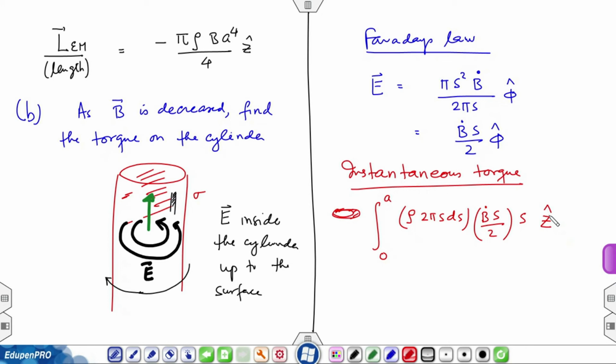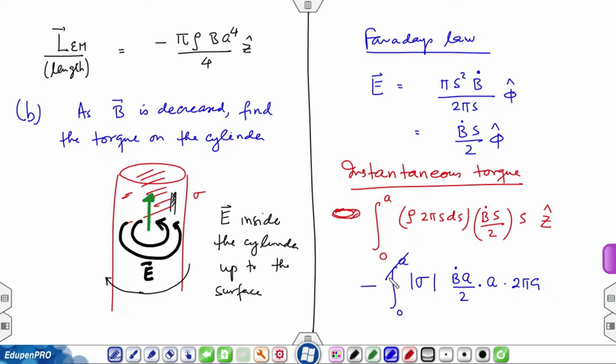And on the shell, I will have minus, the force will be the other way. I can just write mod sigma, because I have taken the minus sign already outside. B dot a by 2 is the field, times a, times 2 pi a.